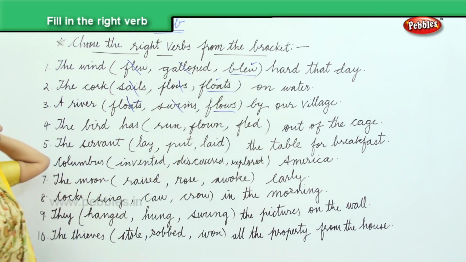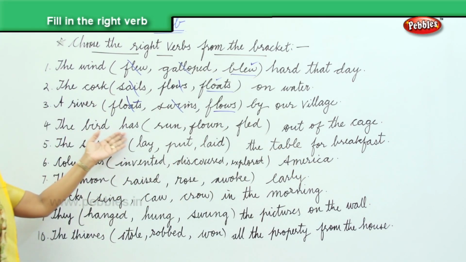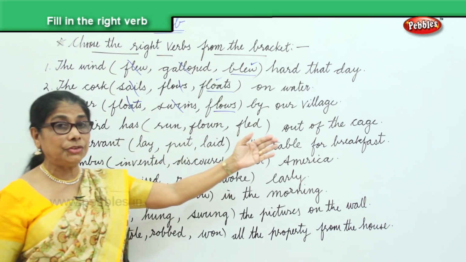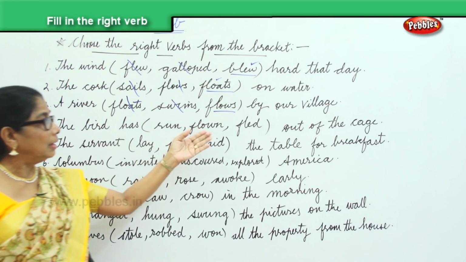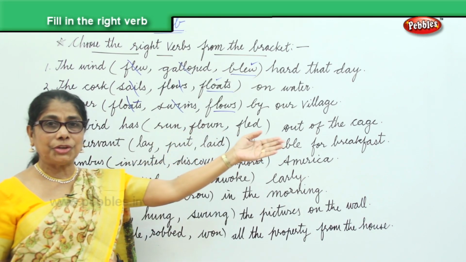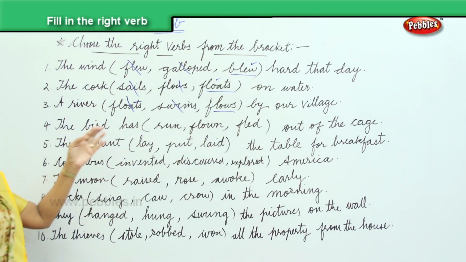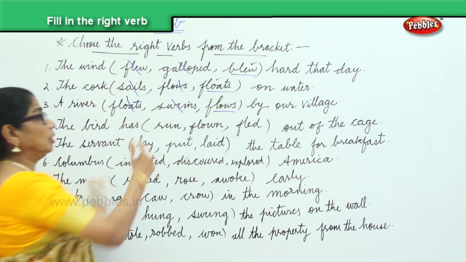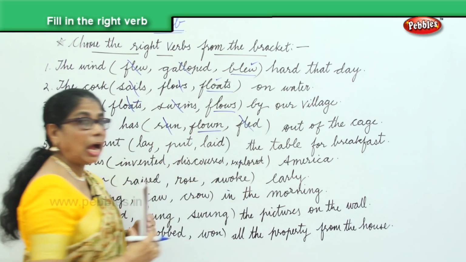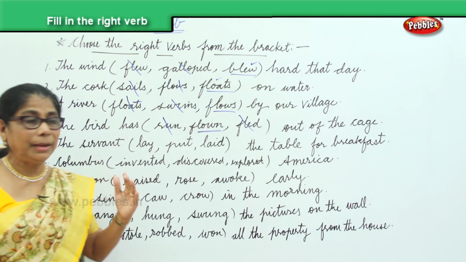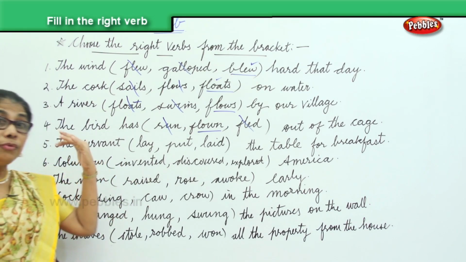And then we have the bird has run out of the cage. No. The bird has fled out of the cage. No. So the bird has flown. It has flown out of the cage. Okay? Fly, flew, flown.